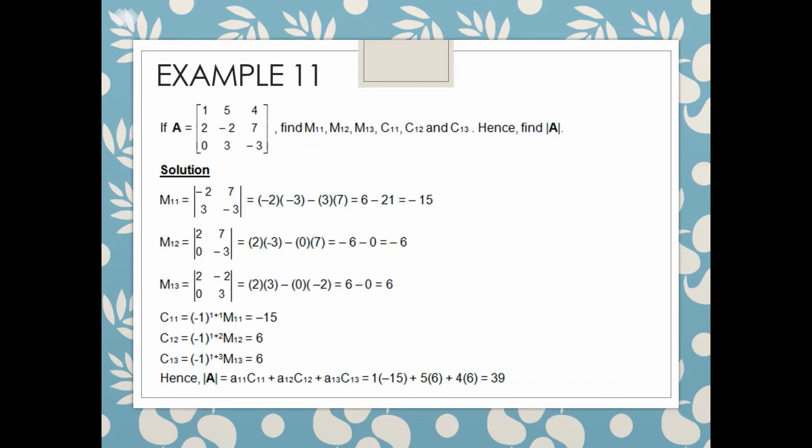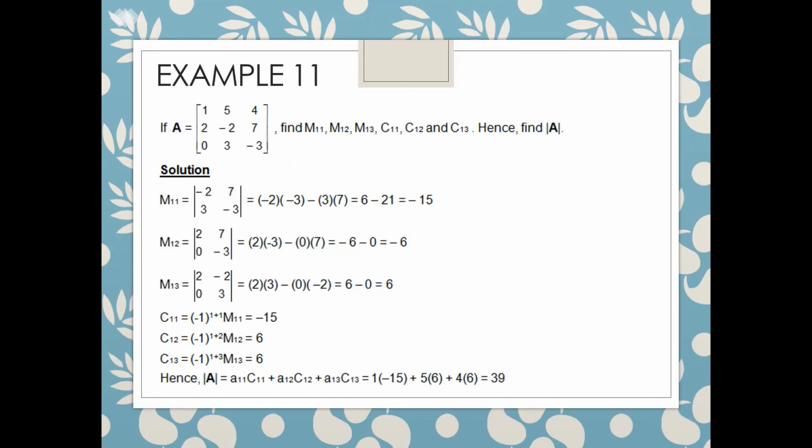Cofactor is obtained by applying the formula negative 1 to the power of i plus j multiplied with minor ij. Thus, cofactor 1, 1 is equal to minor 1, 1, which is equal to negative 15. Cofactor 1, 2 is equal to negative multiplied with negative 6, equal to 6. And cofactor 1, 3 is equal to minor 1, 3, which is equal to 6.